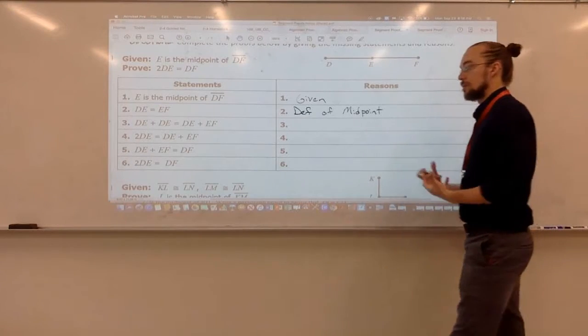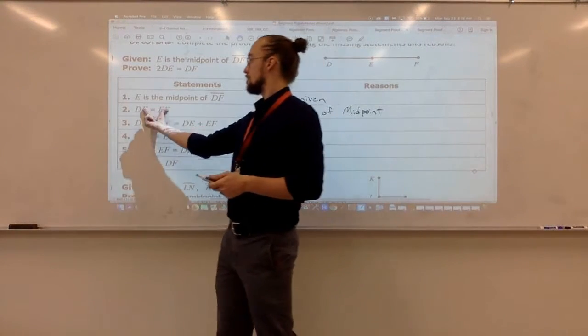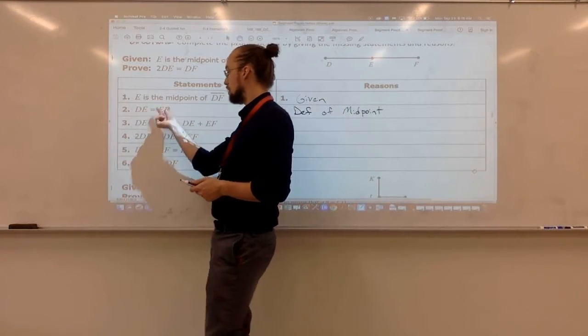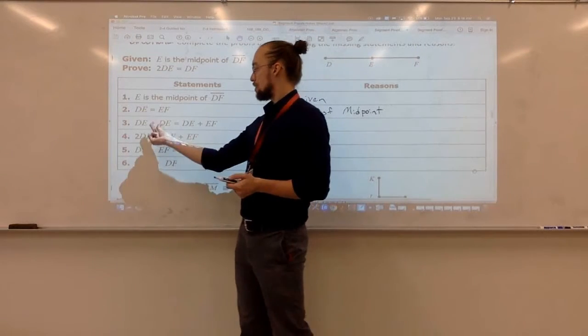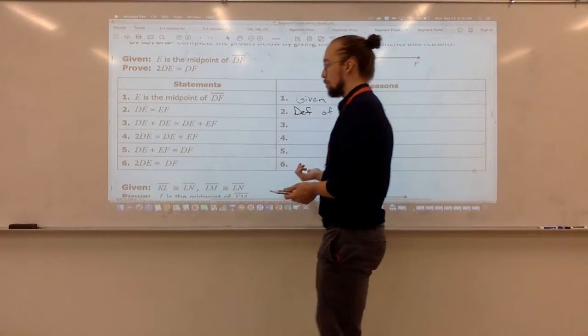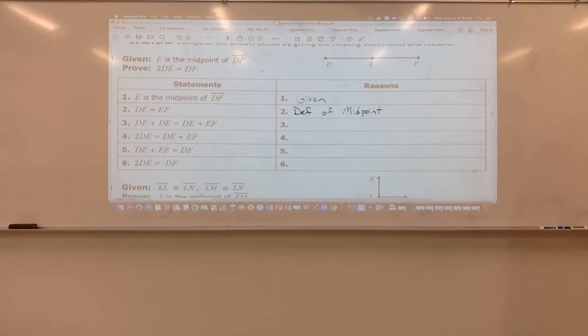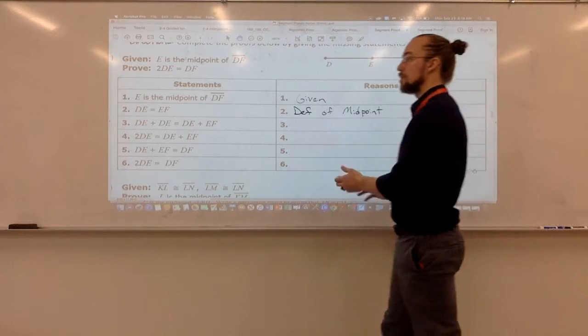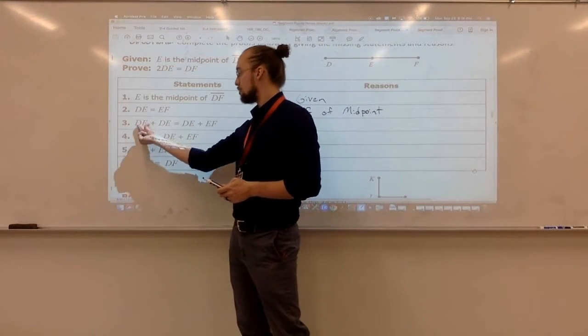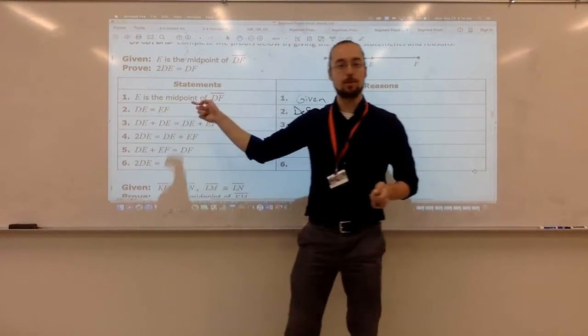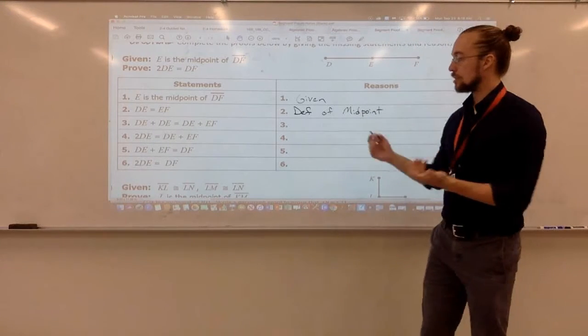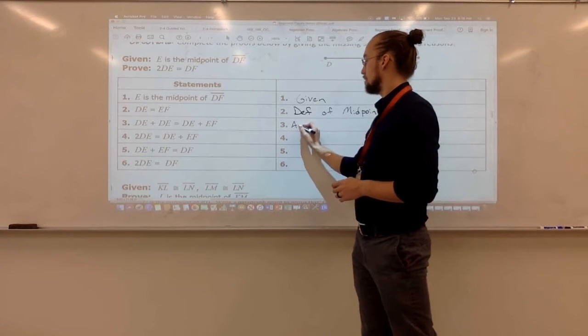So now, from this line to this line, we started with DE equals EF, and now they're saying DE plus DE equals DE plus EF. How can we claim that? Yeah, we're just adding the same thing to both sides. I'm adding DE to both sides of this equation. So that's just going to be the addition property of equality.